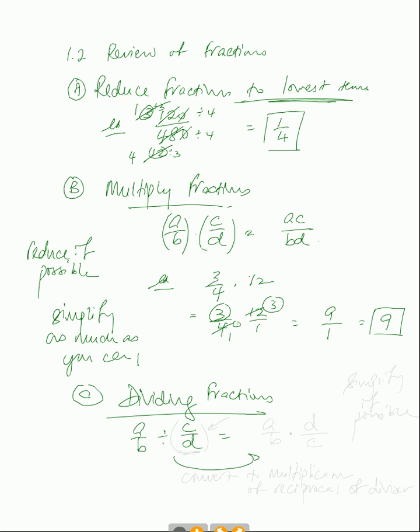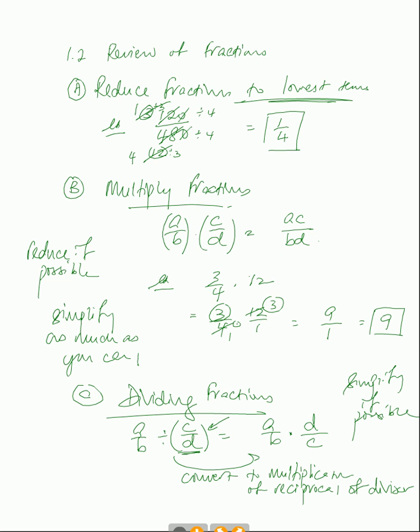So convert to multiplication of the reciprocal of the divisor. The divisor is the one that comes after the division sign. So the division becomes multiplication and the fraction is flipped over. Instead of c over d, it's now d over c. So now we're back into multiplication, and again, simplify if possible.